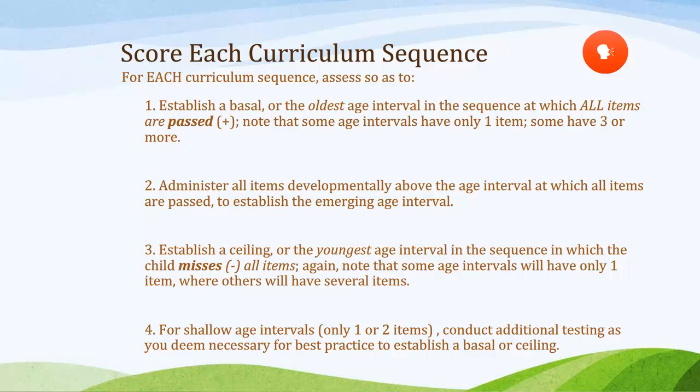This is the ceiling. At this point, the assessor can stop assessing items in the sequence. Now all items at ages younger than 12 to 15 months, the basal, can be scored as met, a plus for the sequence, and all items older than 24 to 30 months, the ceiling, can be scored as not met, a minus for the sequence.